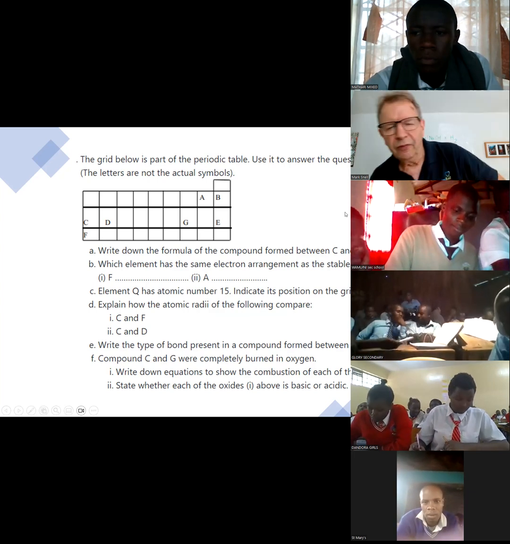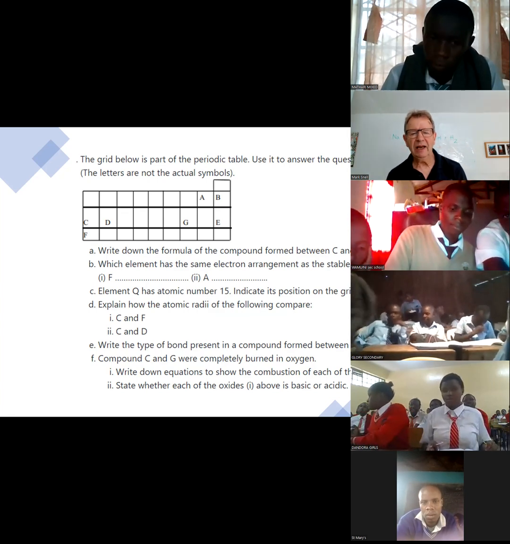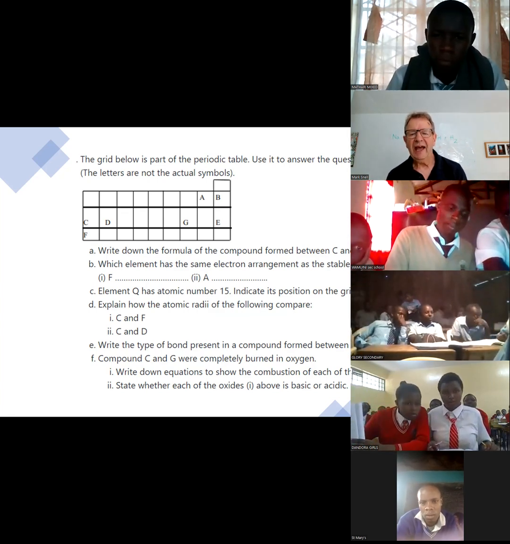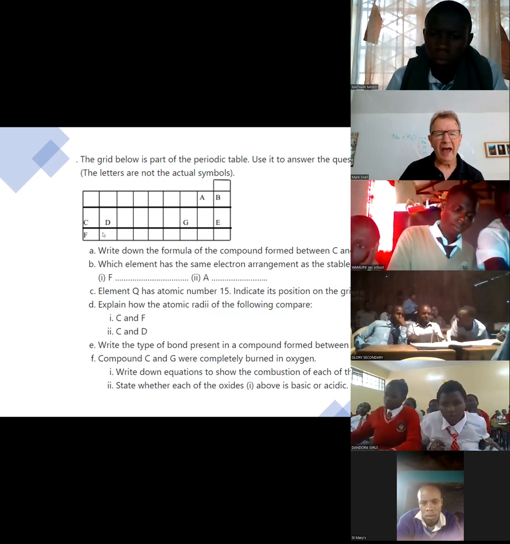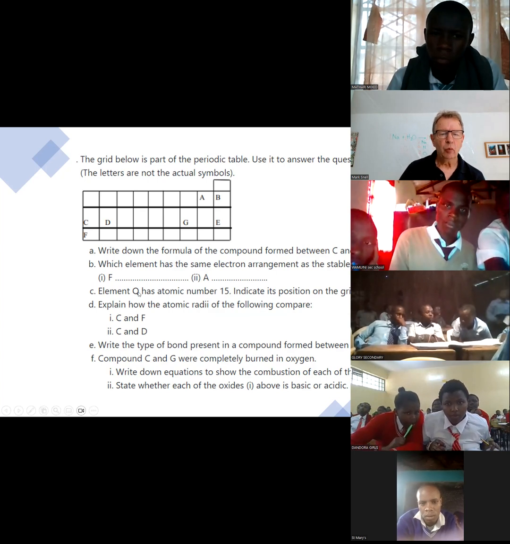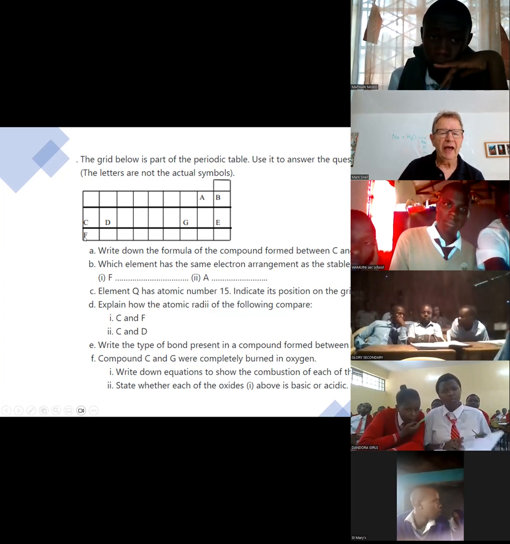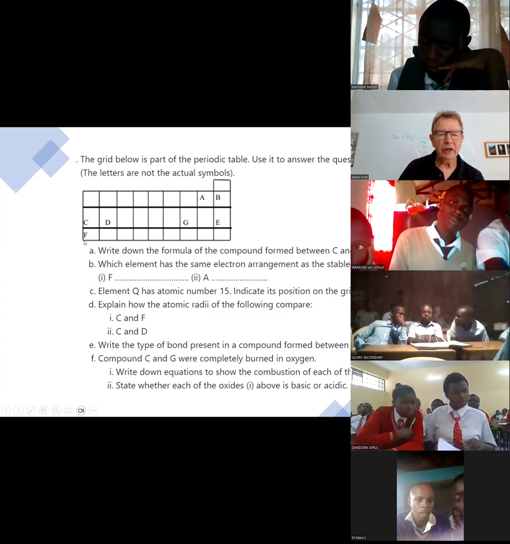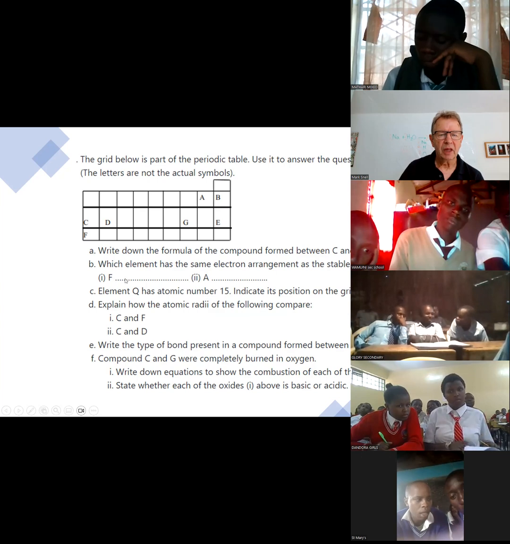Right. Formula between C and A. Which element has the same electron arrangement as the stable ion of F and A? So F is in here, which is in group 1. So when it reacts, F will lose 1 electron and be 2,8. So which one will be the same as F plus?